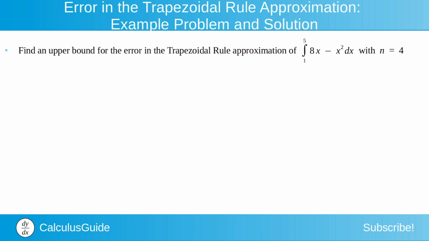In this example, I want to find an upper bound for the error in the trapezoidal rule approximation of the integral from 1 to 5 of 8x minus x squared with respect to x, with n equal to 4. The trapezoidal rule is being used on the closed interval from 1 to 5, so a is equal to 1 and b is equal to 5.